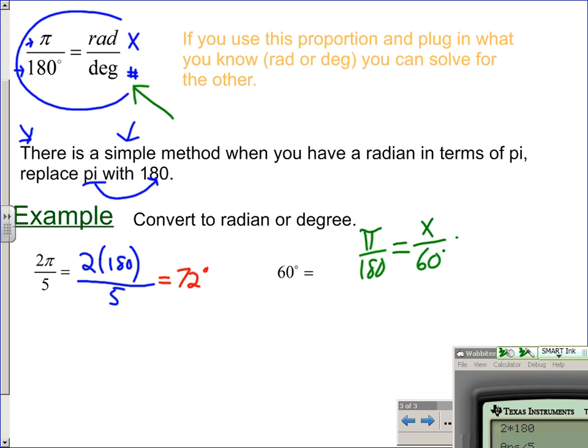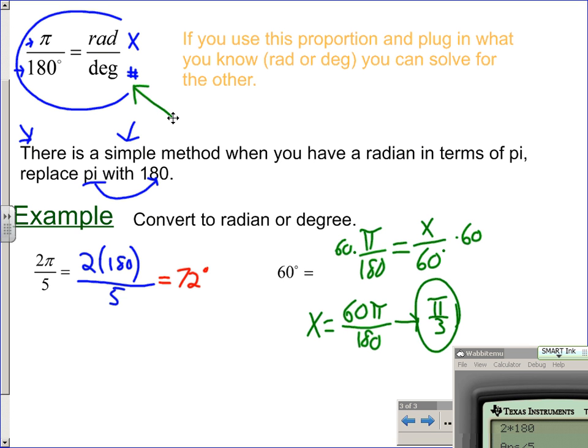We're going to solve for x. Multiply both sides by 60. So what you get is x equals 60 pi over 180. There are some common factors here, so we're going to simplify that. 60 is the common factor. So that's going to go to pi over 3. 60 degrees is the same thing as pi over 3 radians.